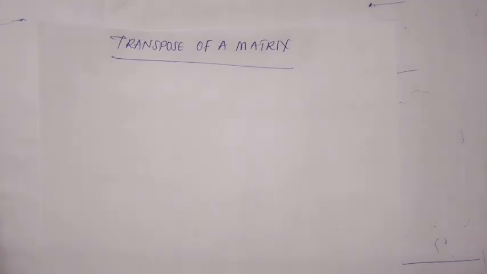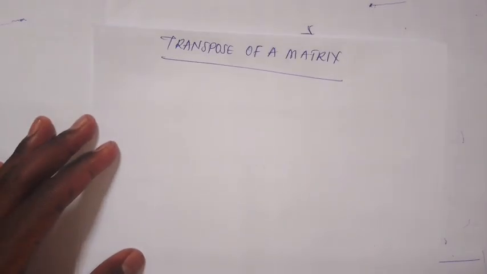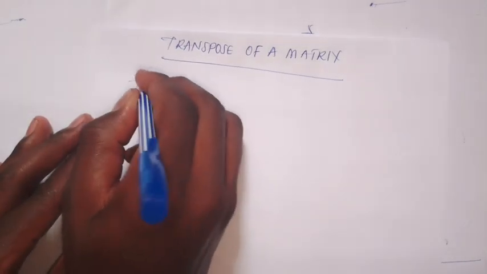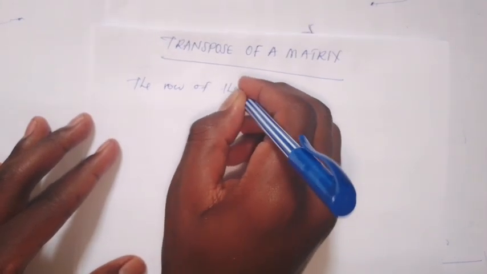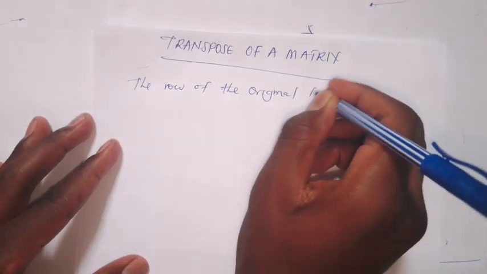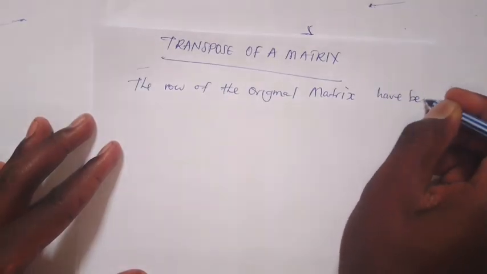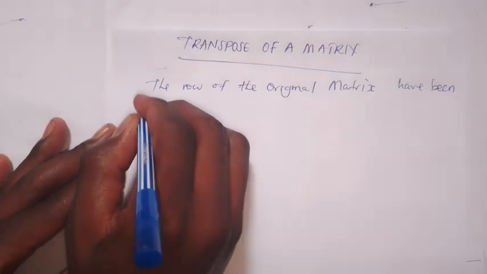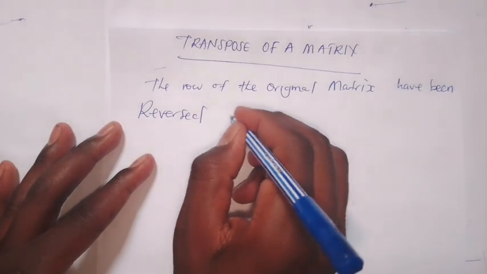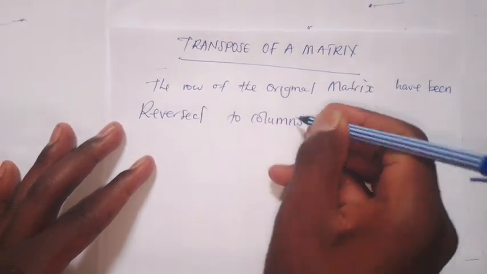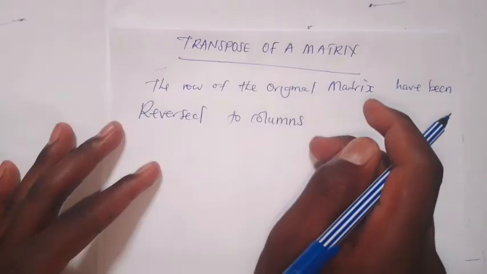We are saying the rows of the original matrix have been reversed to columns and the columns to rows.